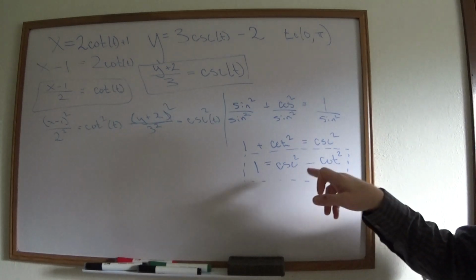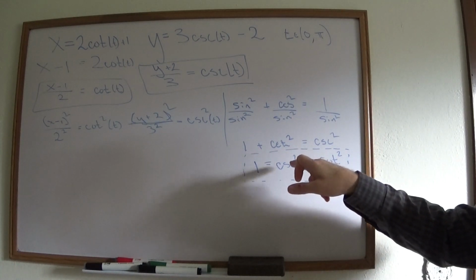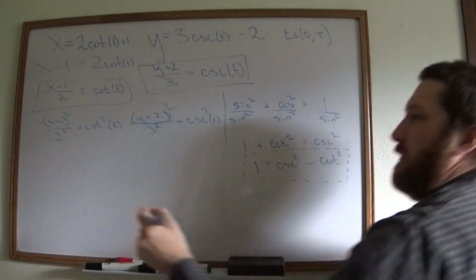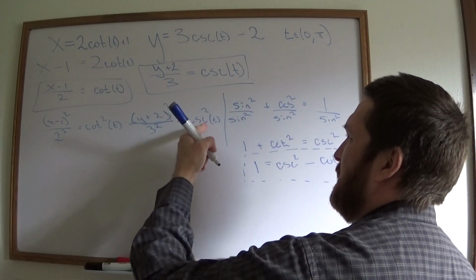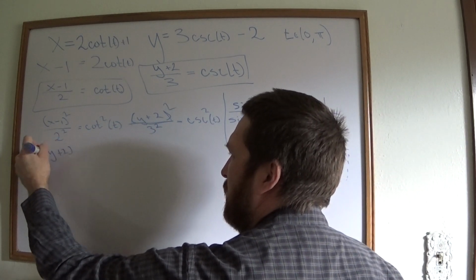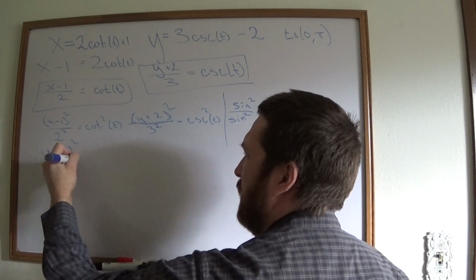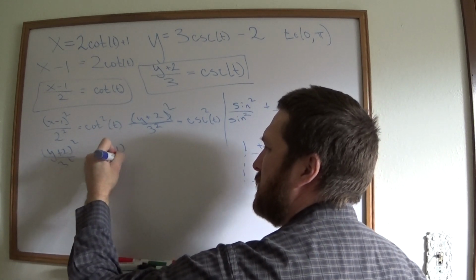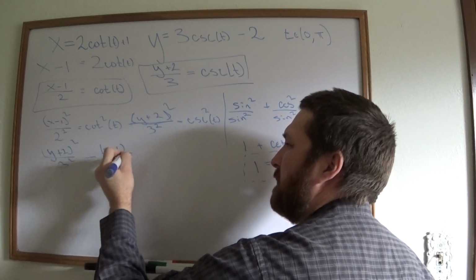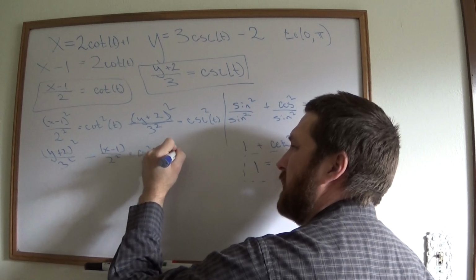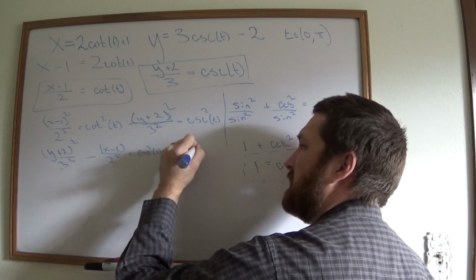So now, what do I want to do? Since I know that cosecant minus cotangent is equal to 1, then minus the first one. I'm going to take this one, which is (y plus 2) quantity squared over 3 squared, minus (x minus 1) over 2 squared. That's the same thing as cosecant squared t minus cotangent squared t, which is equal to 1.